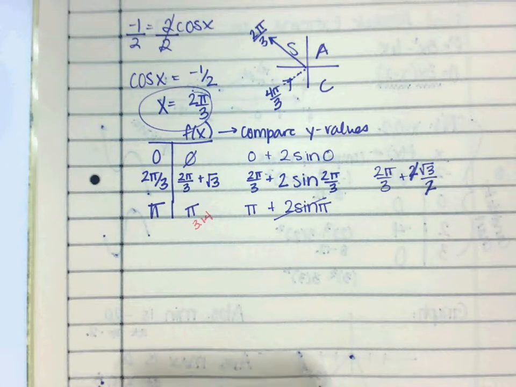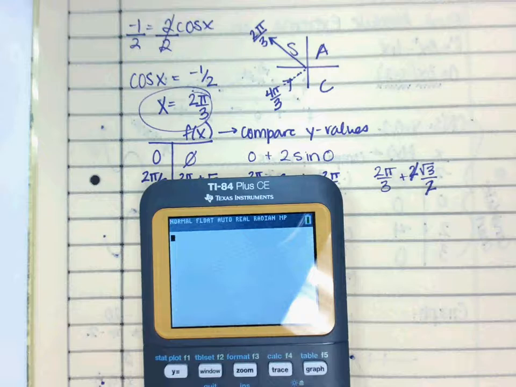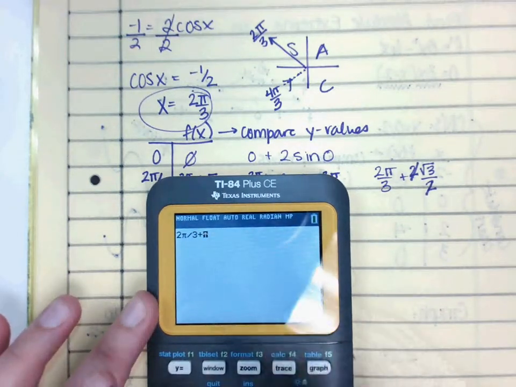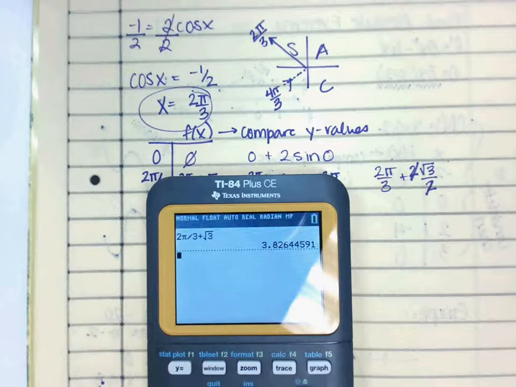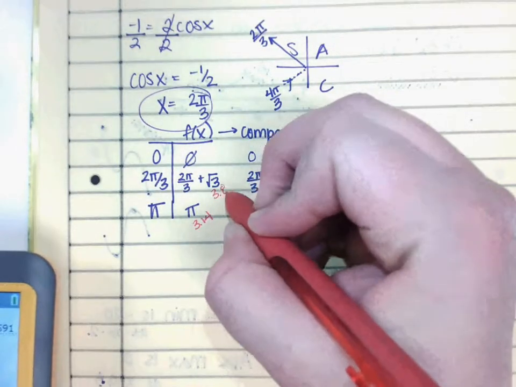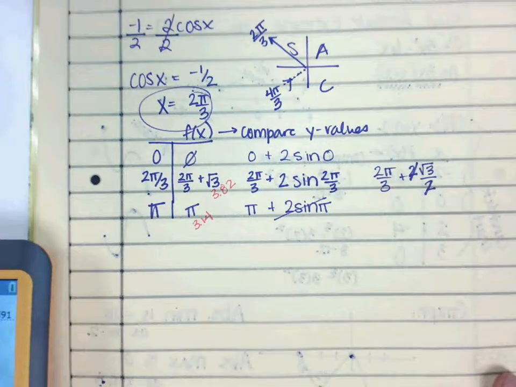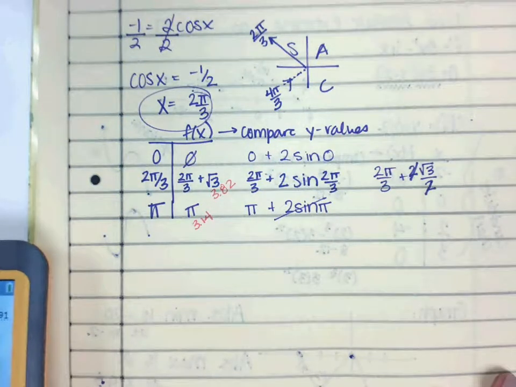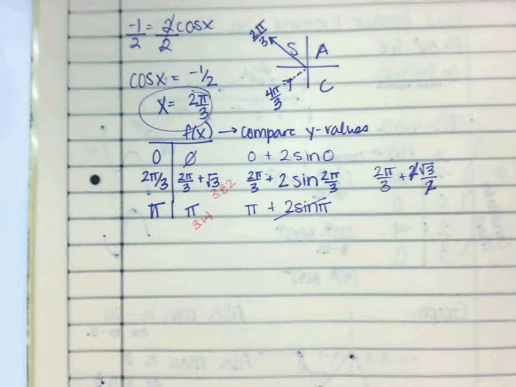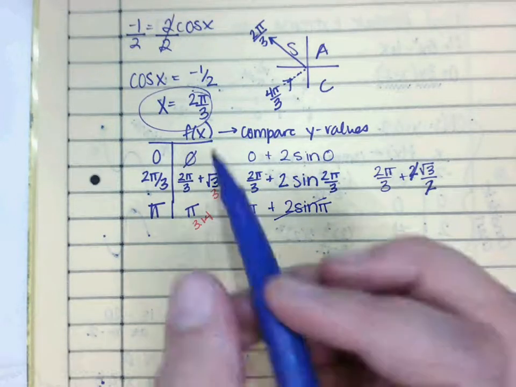1.3. Let's do 2 pi over 3 plus root 3. Okay, that's 3.82. What did you guess? Were you close? He gets 1.3. Okay, and that's what we're adding. That's close. Okay, so from there, looking at those two guys, who's bigger? Okay, this is the max.